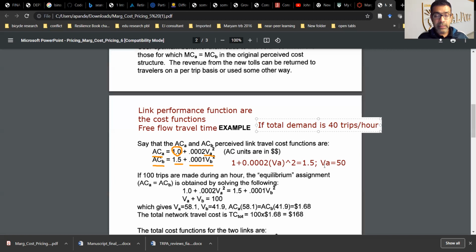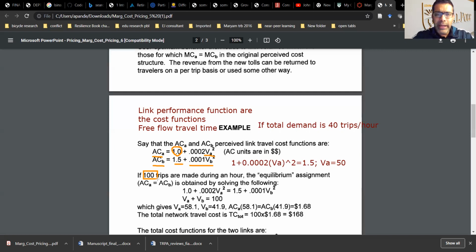Once route B becomes competitive, any demand level higher than that, so once the demand exceeds 50 trips per hour, for example if the total demand was 100 trips like it is here, then both routes will be used. The equilibrium assignment would be when the drivers cannot minimize their travel time by switching routes. And for that to happen, the travel time on both routes would have to be equal.